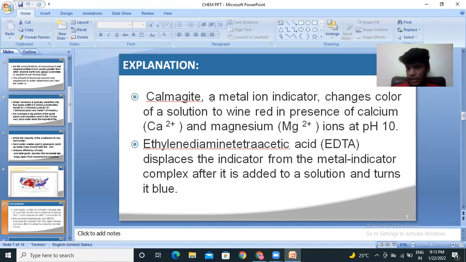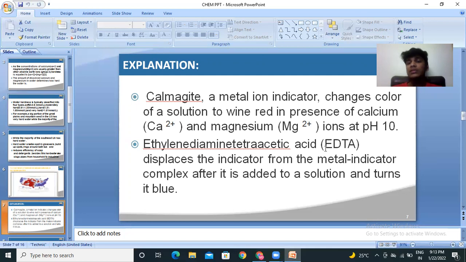Calmagite is a metal indicator which changes the color of a solution to red in presence of calcium and magnesium at pH 10. Now ethylenediaminetetraacetic acid, EDTA, displaces the indicator from the metal indicator complex after it is added to a solution and turns it blue.